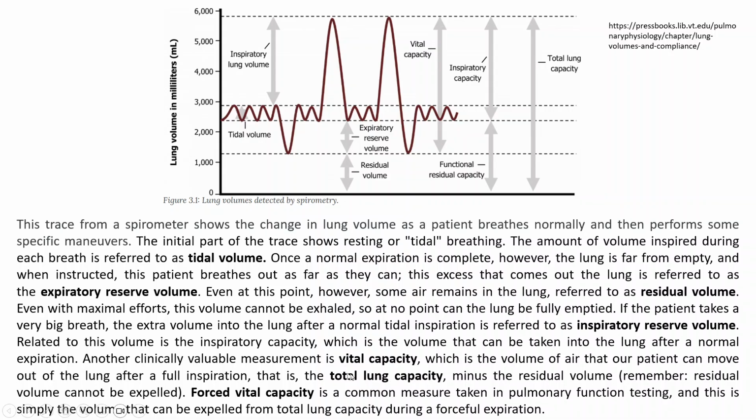These are metrics used to measure and tell about lung health at the level of the clinic, and these are physiological terms for more exact measurements. Cool. So that is about these different types of volumes, and I'm sure we'll discuss them when we go through some questions as well. So let's move forward into some questions.